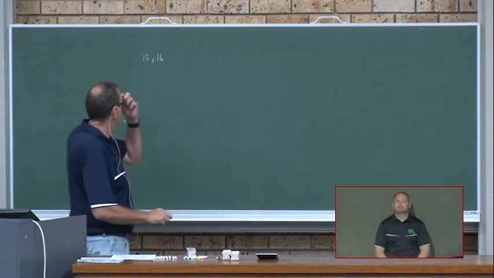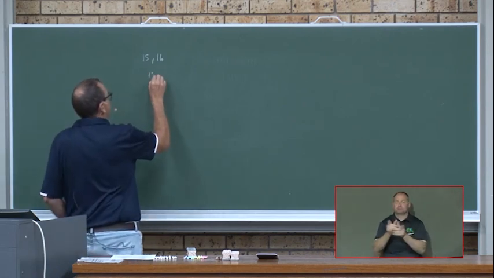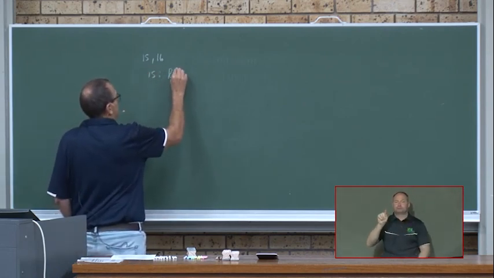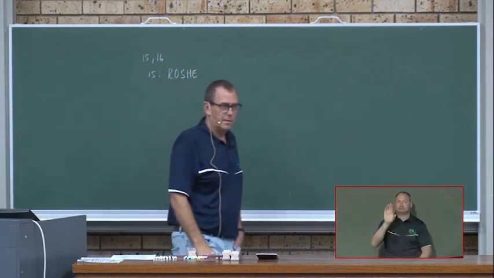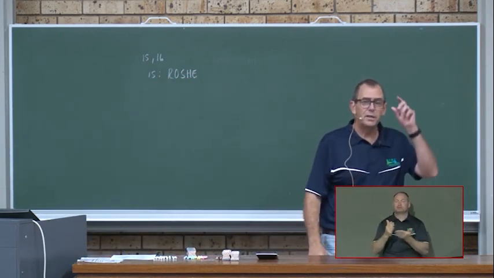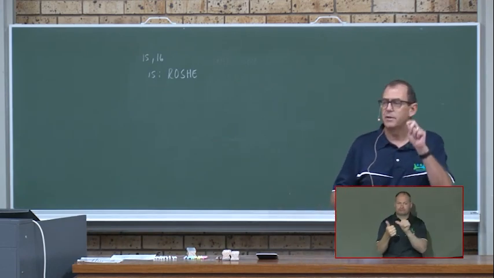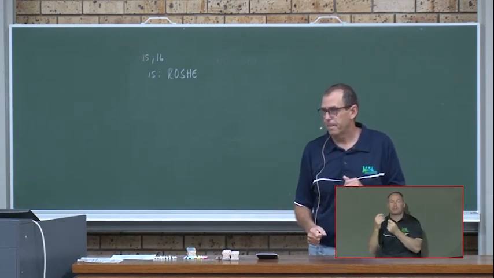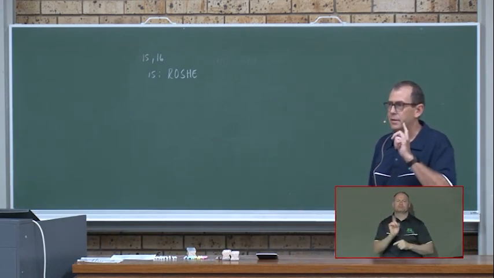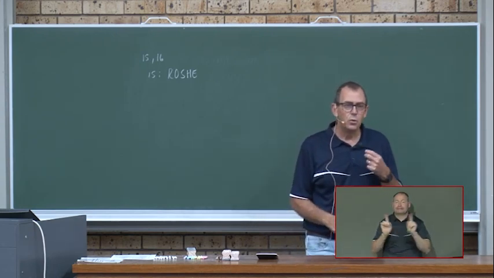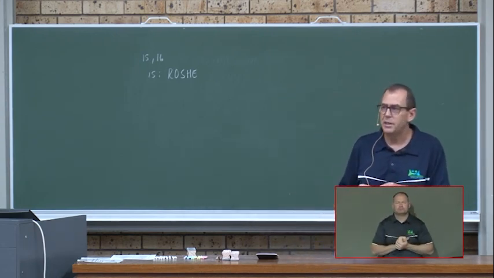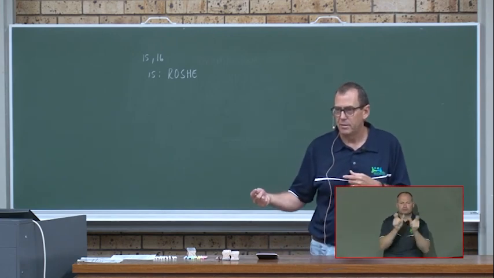The return on shareholders' equity, number 15, is ROSH. Return on shareholders' equity. What's the difference between return on shareholders' equity and return on capital employed? The one difference is, who will be interested in the return on shareholders' equity?